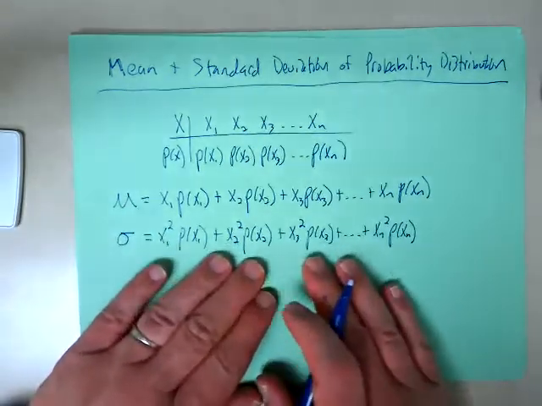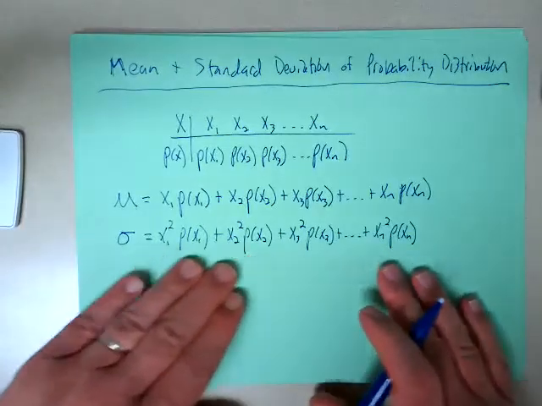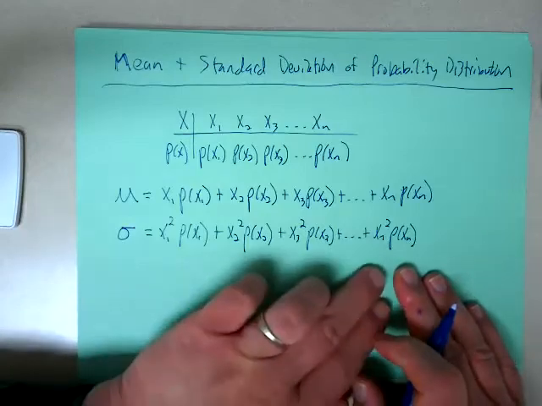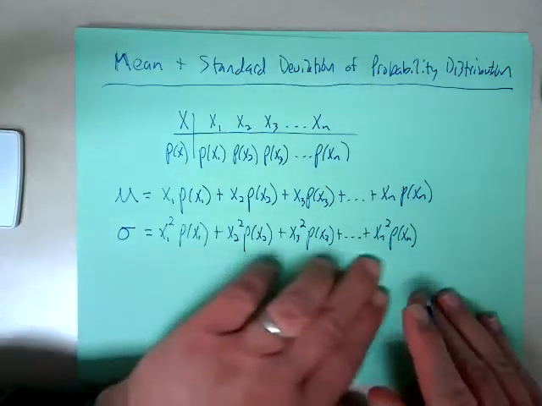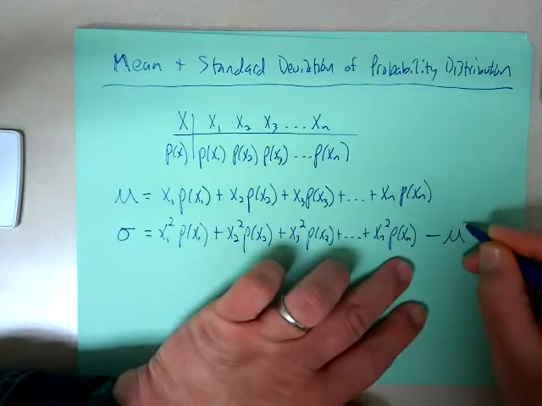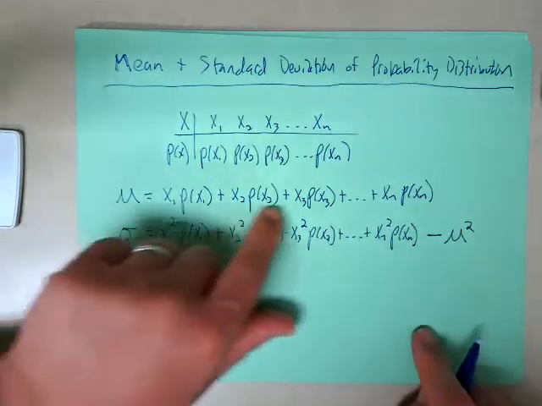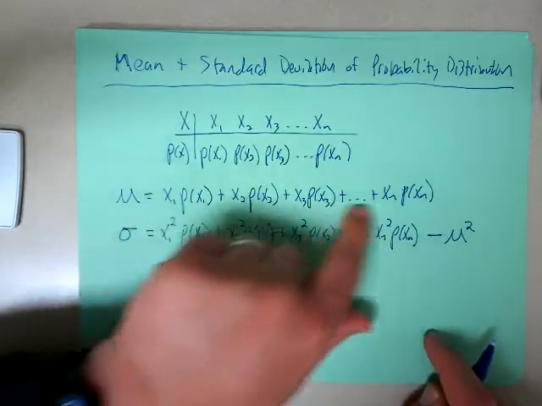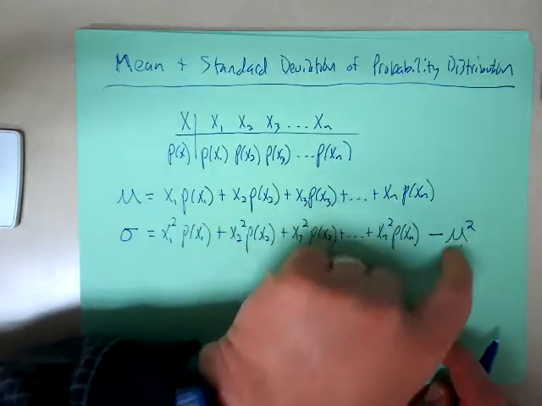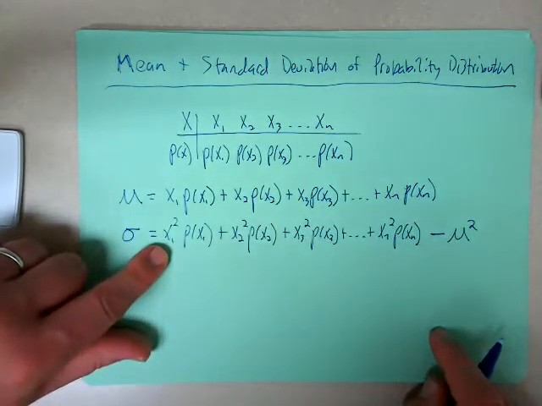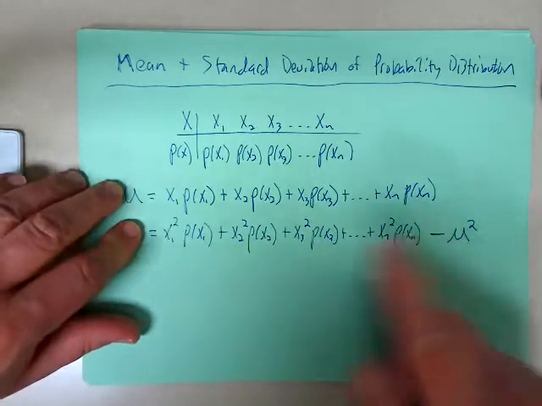At this point, you've done so much work it almost feels like you're finished, but you're not finished until you take all of this and subtract the mean squared. And then all of this would be the variance of the random variable.